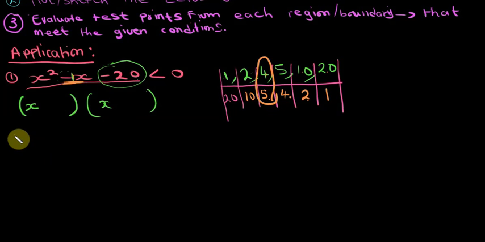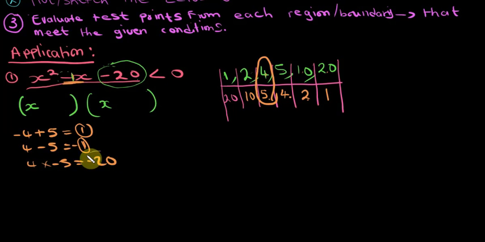Let's try minus 4 plus 5, which gives me positive 1. How about positive 4 minus 5? This gives me negative 1. And 4 times minus 5 gives me minus 20. So there we go, we have our factors.